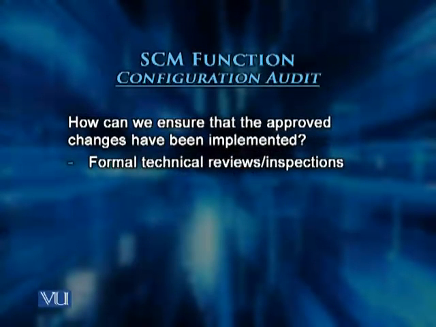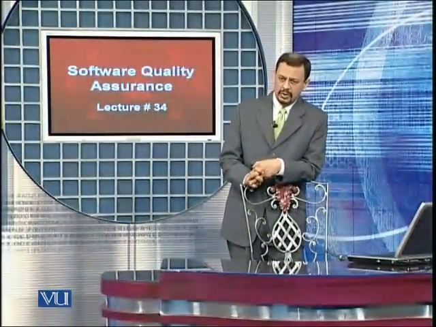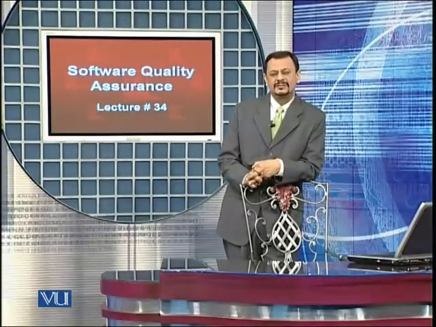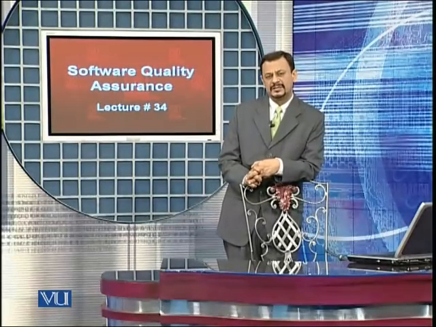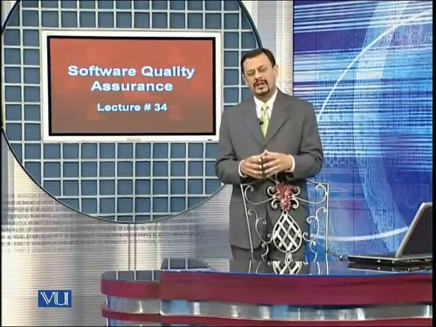The software inspections, or formal technical reviews as they are called, are a means to verify the correctness of the changes, and they are a complementary approach to software configuration audit, which asks for and looks for a different set of questions and different sets of areas, compared to a review.